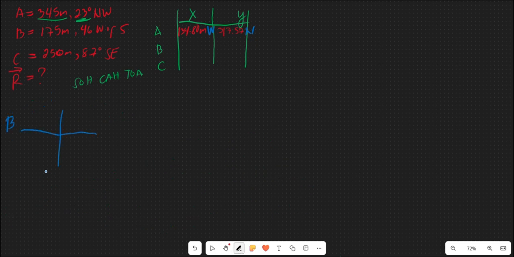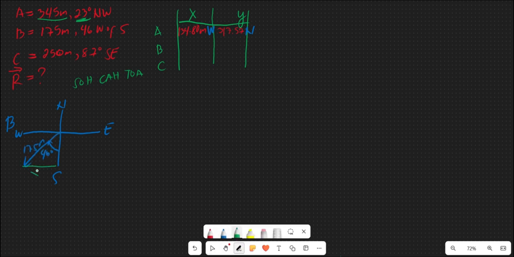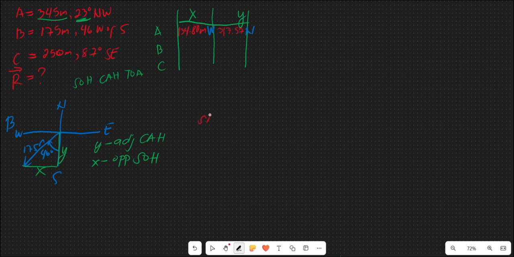For the second vector, vector B, let us again draw the illustration first before finding its x and y components. Since our y component here is the adjacent, let us use CAH. And since our x is on the opposite, we're going to use SOH. To solve for the value of x, let's write the equation SOH, which is sine theta is equal to the opposite over hypotenuse.